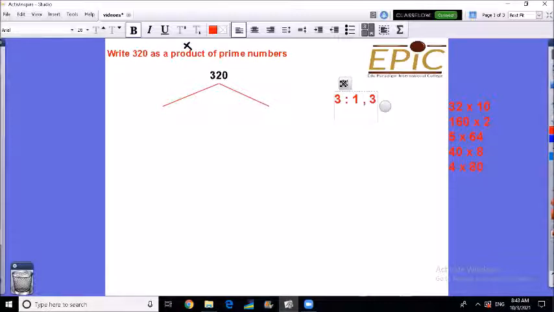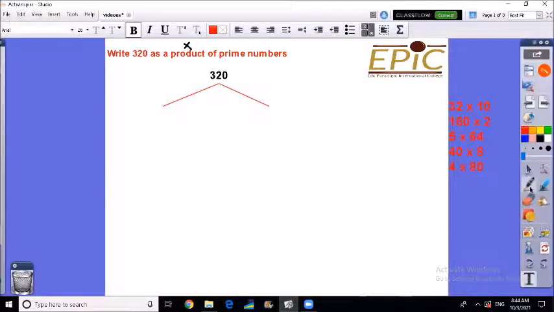So it is a prime number. 5 is only 1 and 5. So it's a prime number. What about 6? Oh, it's 1 and 6, mister, and 2 and 3. Oh, it has more than 2 factors. So it is not a prime number. What do we call it? We call it composite number. Let's get back on track.